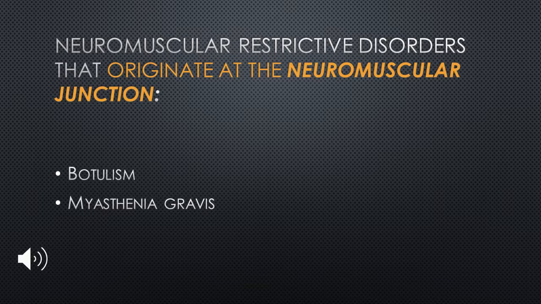For your nerves to be able to control the muscles of your thoracic bellows, they need to be able to release the appropriate neurotransmitter. That neurotransmitter needs to be able to travel from the nerves to the muscles and needs to be received. That's how the communication happens. So given that, the two examples we're going to look at that disrupt that process are botulism and myasthenia gravis.